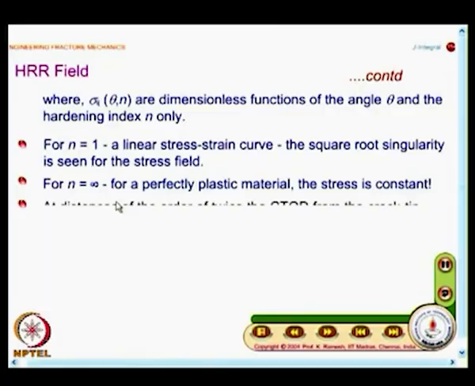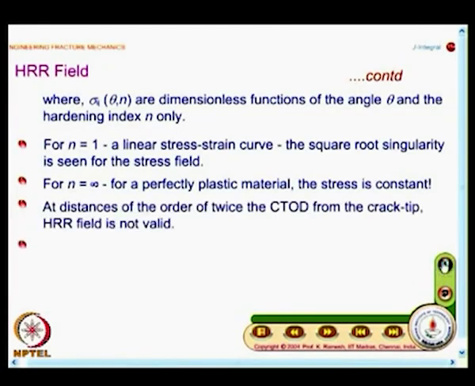For n equal to infinity, which is a perfectly plastic material, the stress is constant. We had also noted, when we drew the picture, that at distances of the order of twice the crack tip opening displacement, that is CTOD, from the crack tip, the HRR field is not valid. This you will have to keep in mind.